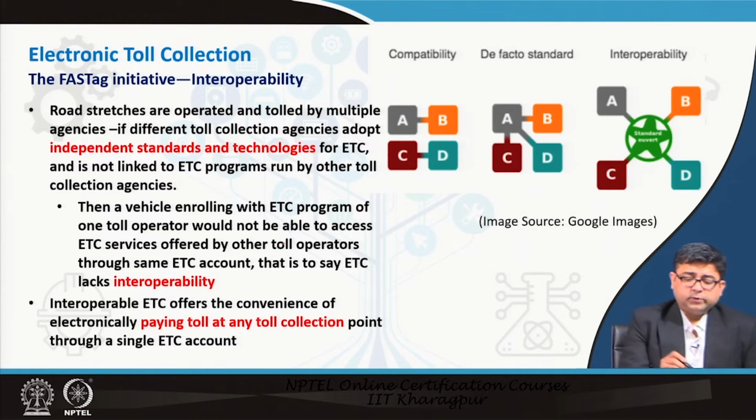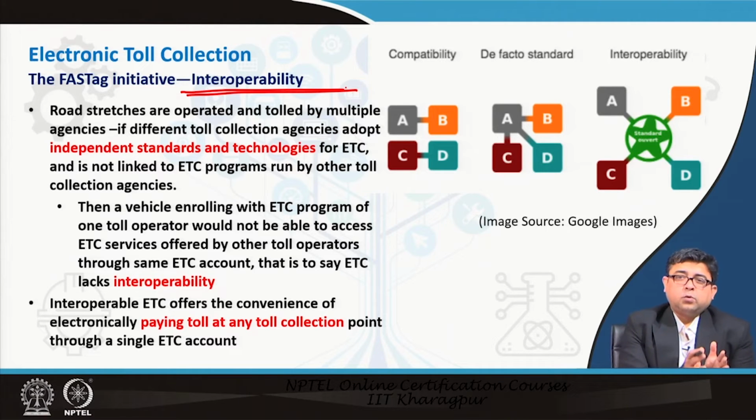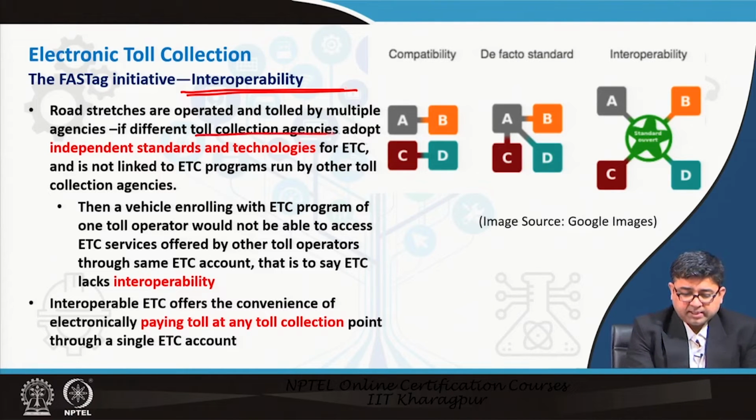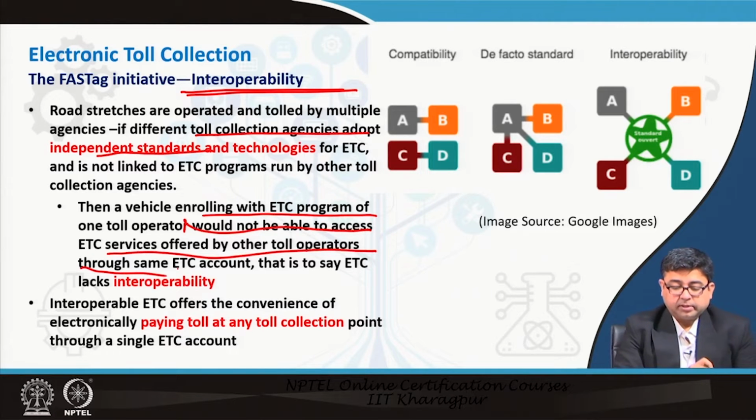The other thing with such electronic toll collection initiatives is the interoperability of these tags, right. These tags should not be specific to one particular toll plaza or one mechanism of paying electronic toll. It should be interoperable. If different toll collection agencies adopt independent standards and technologies, then a vehicle enrolled with an ETC program of one toll operator would not be able to access ETC services offered by another toll operator, right.